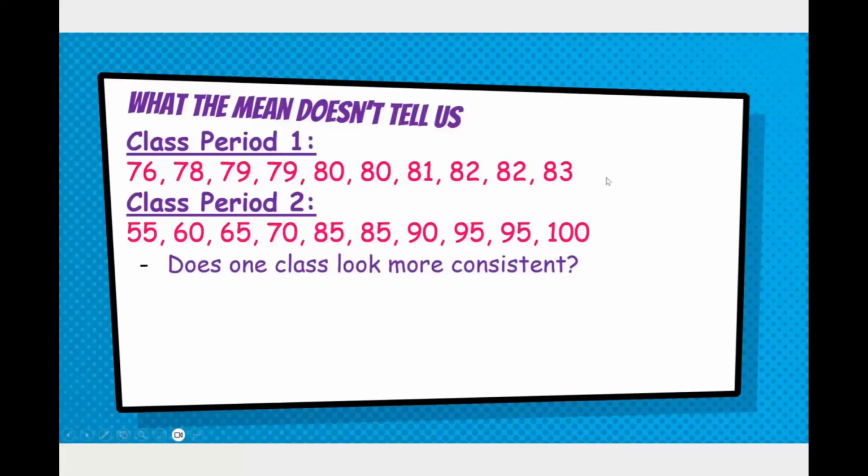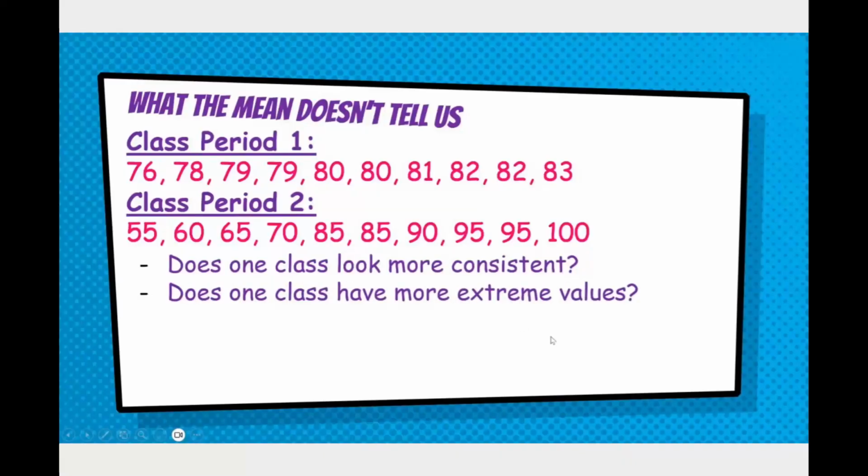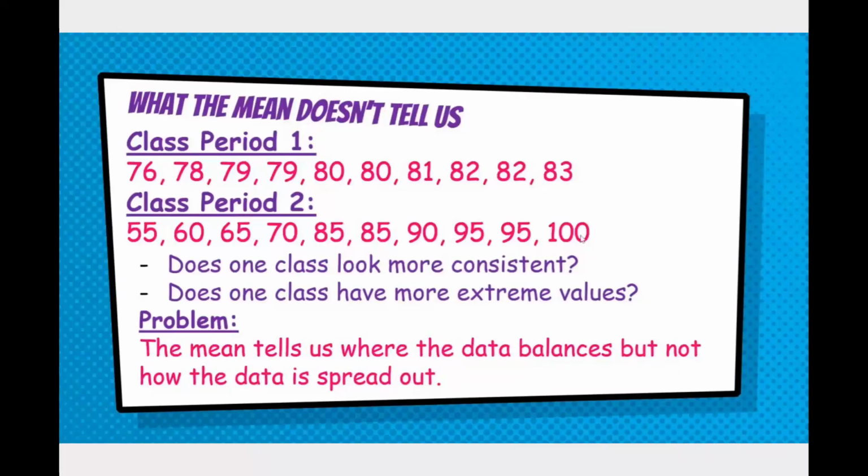The other class, we didn't have anybody fail out of the 10 people, but we had no A's, and we didn't have any really low C's either. So which class was more consistent? Does one class have more extreme values? I wouldn't really say extreme, but I would say that one data set looks more spread out than the other. And hopefully we can see that.